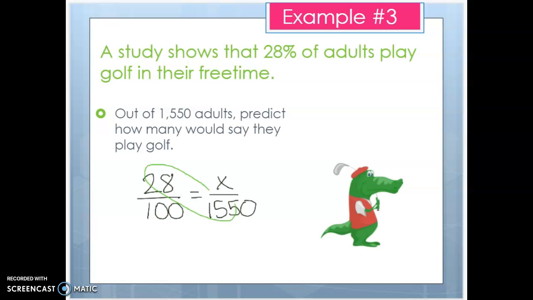You will cross multiply 1,550 times 28. Divide that by 100. And you'll get about 434 people.